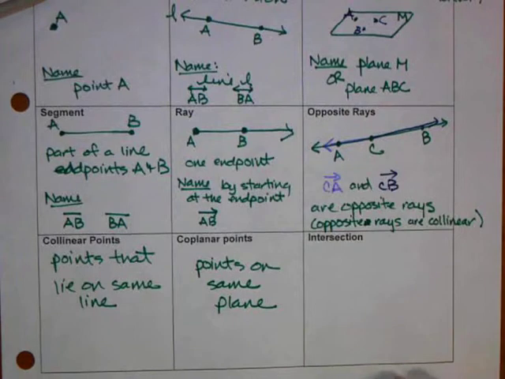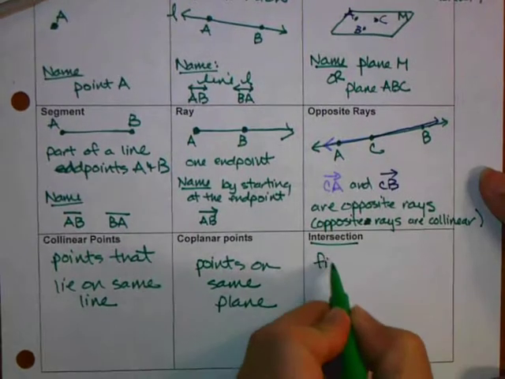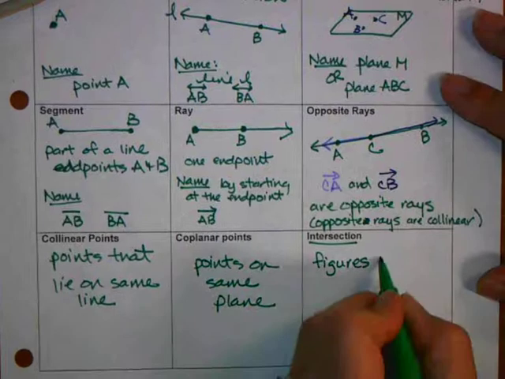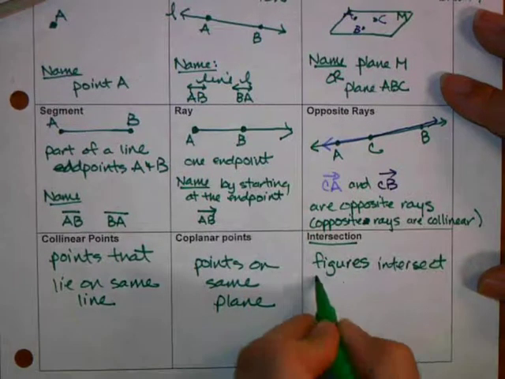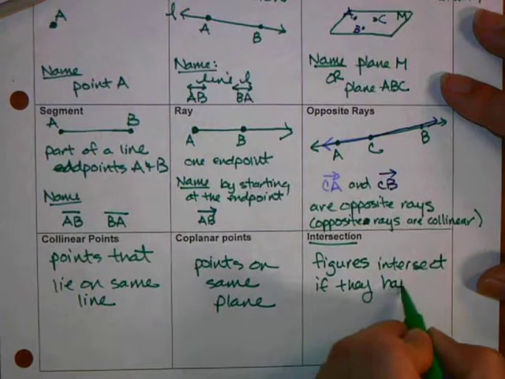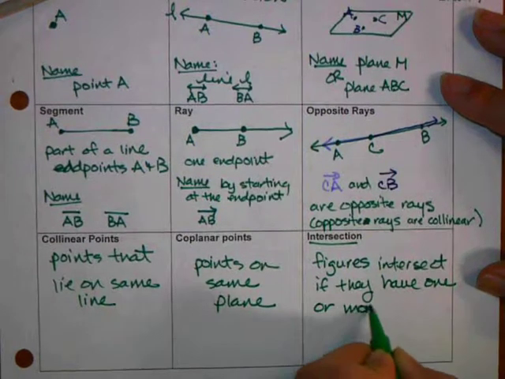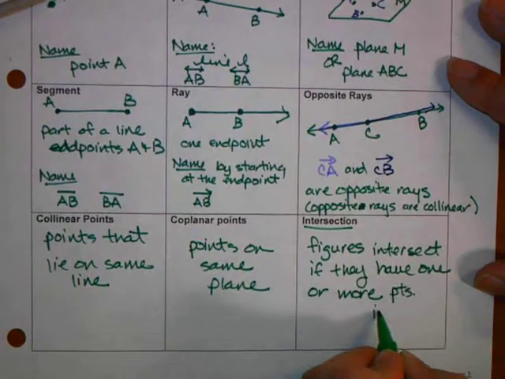Okay, and then intersection. So you've seen this word before. Figures, since we're in geometry, we're going to say figures intersect if they have one or more points in common.